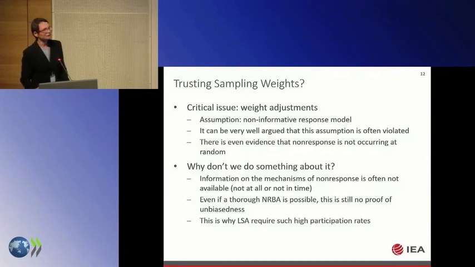So that information most of the time is not available at all. And if so, it's not available in time most of the time. And even if you do a very good non-response bias analysis, then this is still no proof that there's nothing wrong with the data. And this is basically why these large-scale assessments have such strict and high thresholds for participation rates.